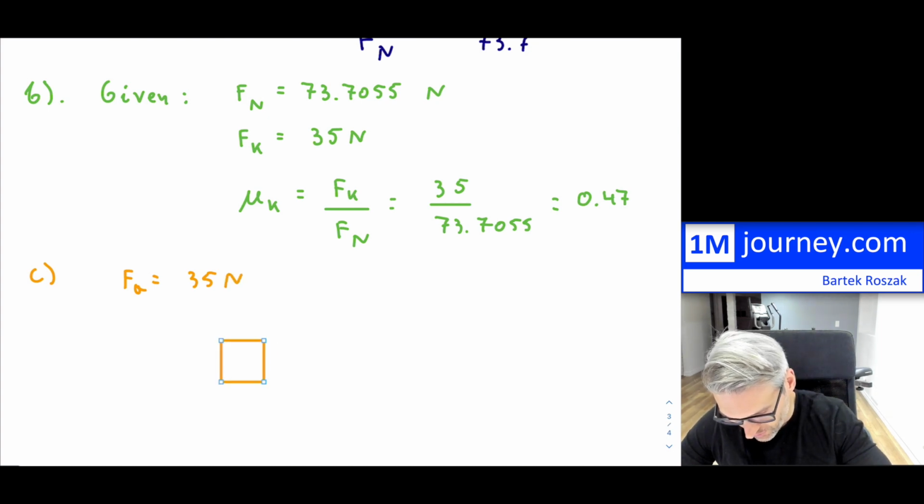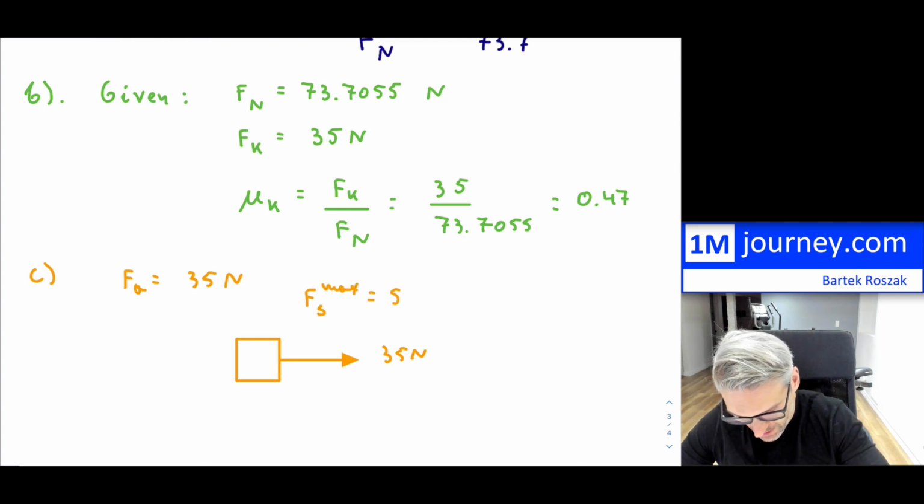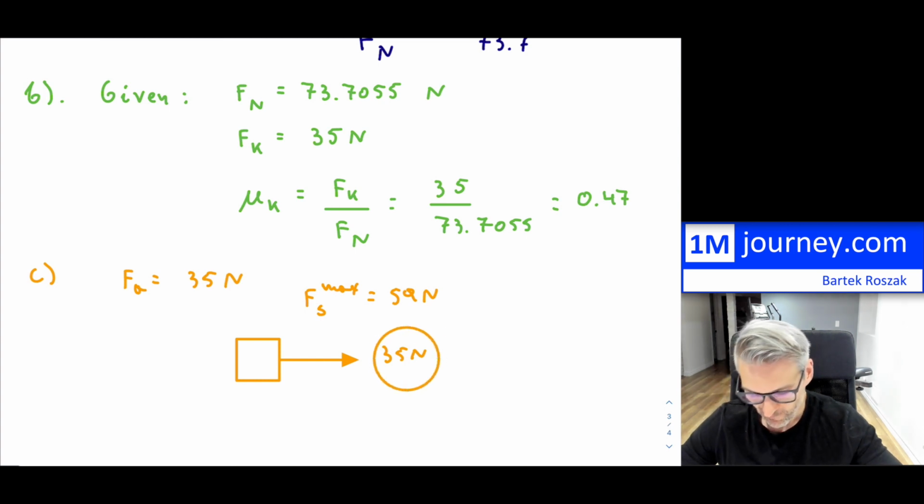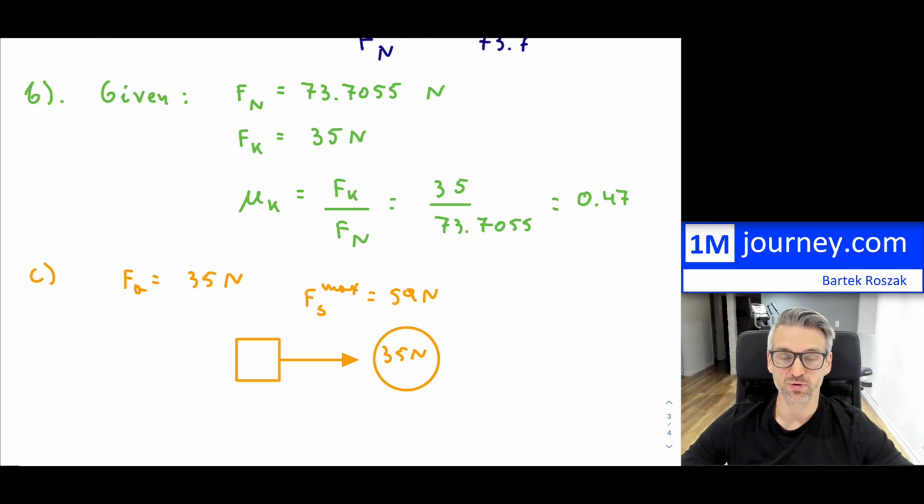I'm going to just redraw this. You're applying 35 newtons. You know that your static max force is 59 newtons. As you can see, the 35 newtons is less than that, so you're not even going to get the box to move.